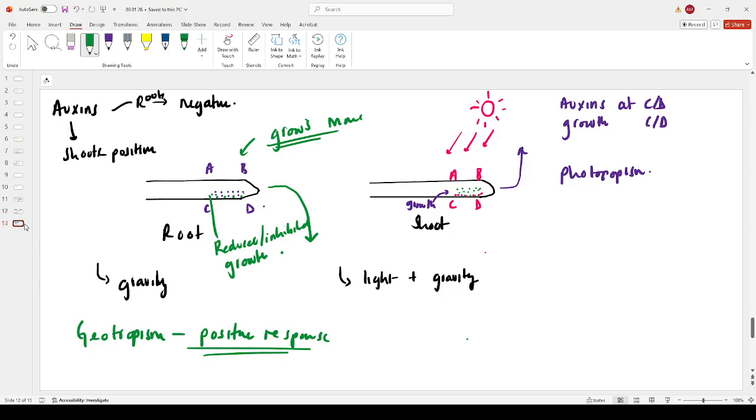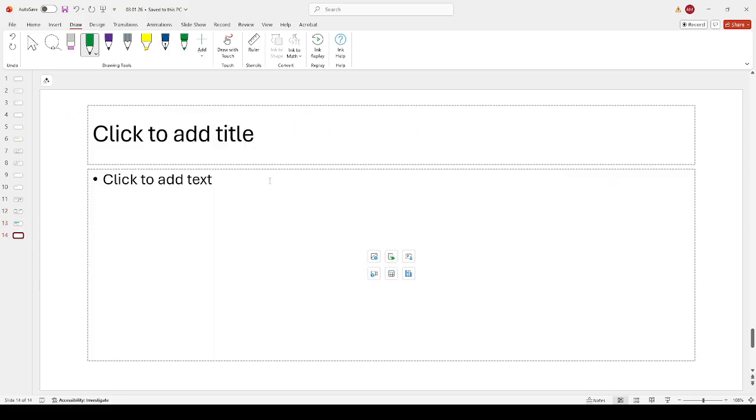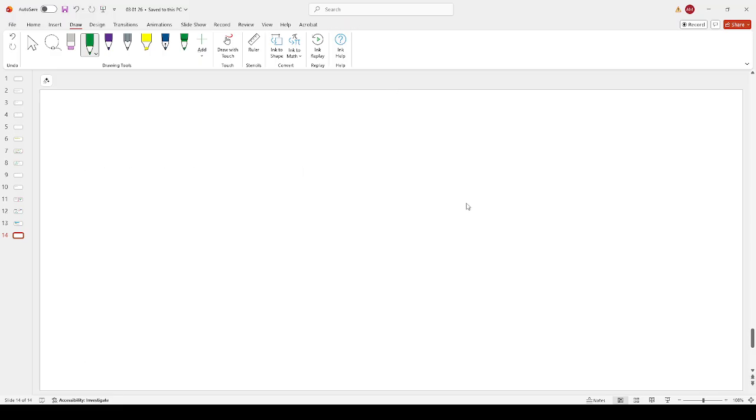So I'm going to draw a diagram. You're going to tell me if you think it's a root or a shoot, and then I want you to tell me a justification.